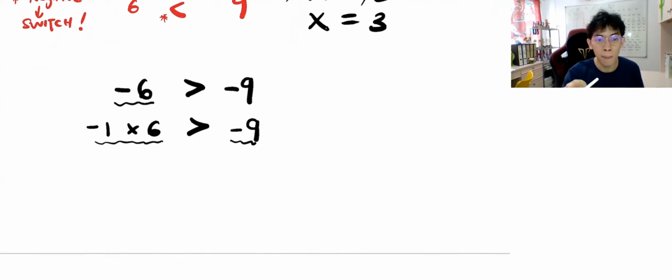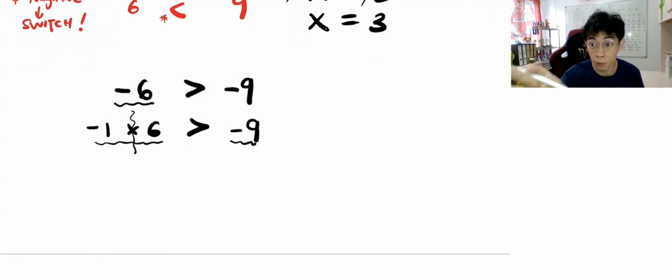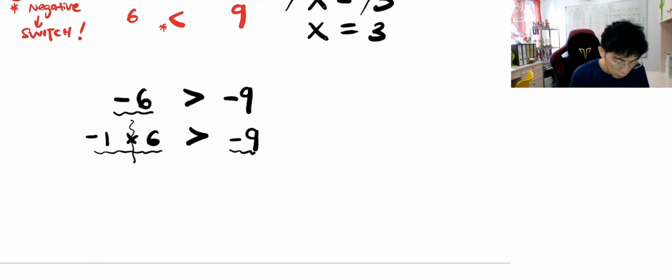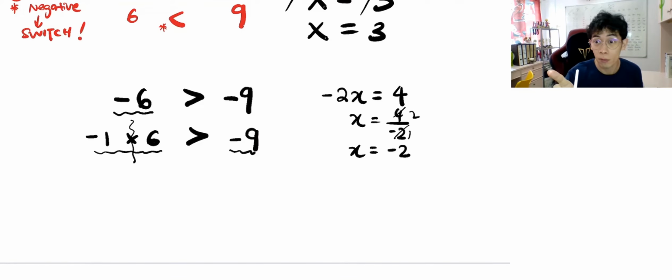Okay, good. Now, from your linear equation point of view in chapter 6, remember you have something like -2x equals 4, for example. You will do this for me: 4 divided by -2, so x equals -2. This is what you will do in chapter 6, correct?